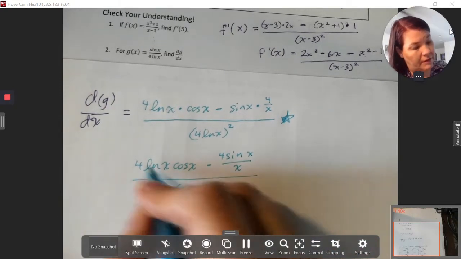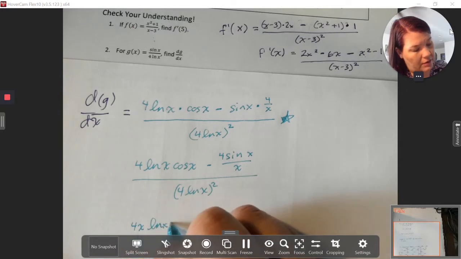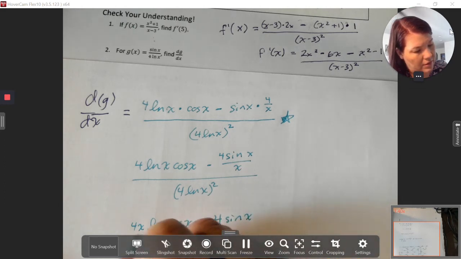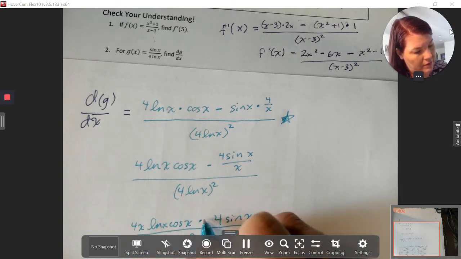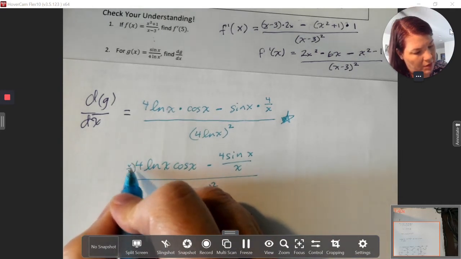Okay, I'm going to get the same denominator up here. I'm going to have 4x ln x cosine x minus 4 sine x all over x. So I times this one by x over x, so I could get the same denominator.